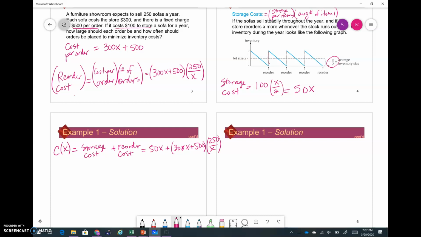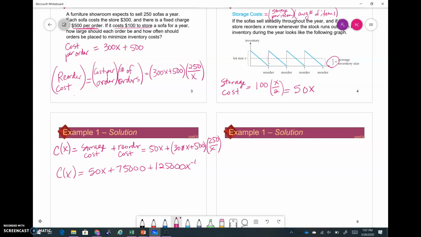If you simplify this entire equation, we end up with a cost function of 50x plus 75,000 plus 125,000 times x to the negative 1.